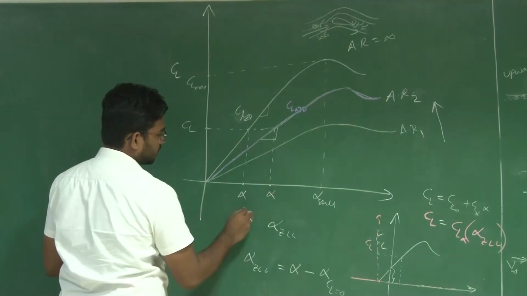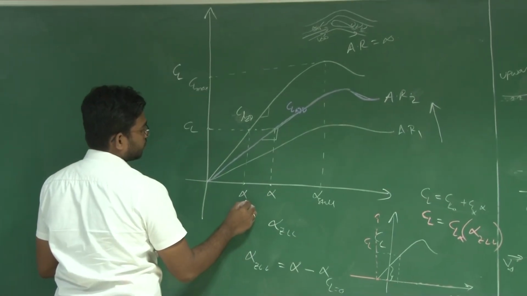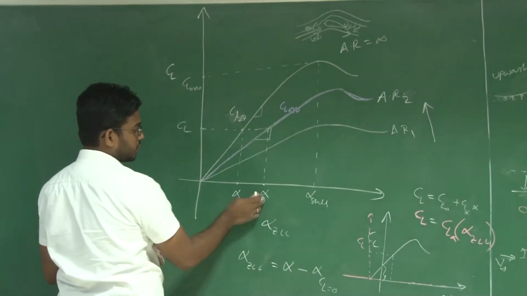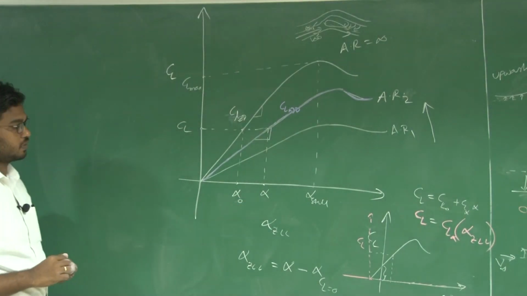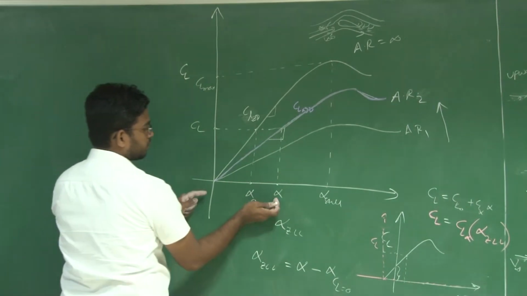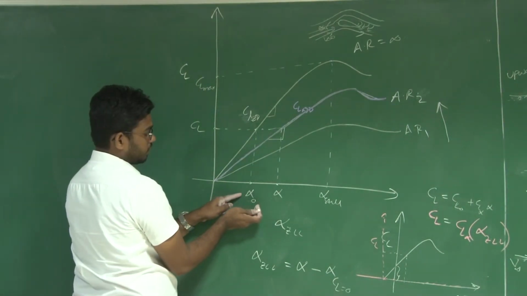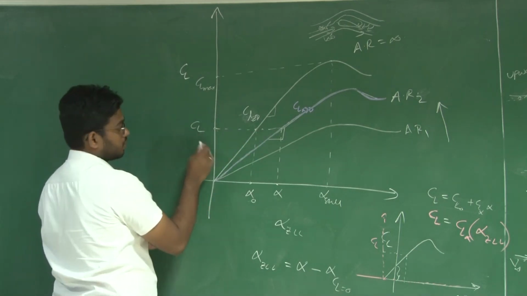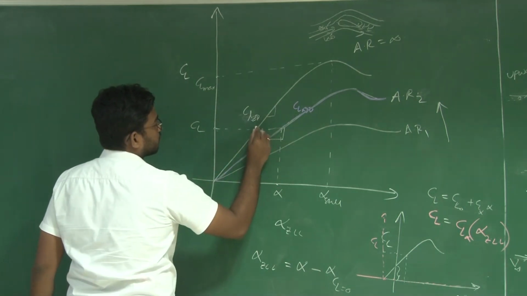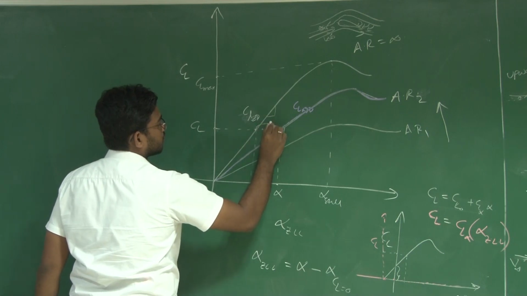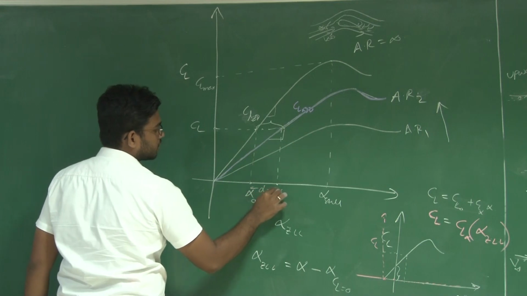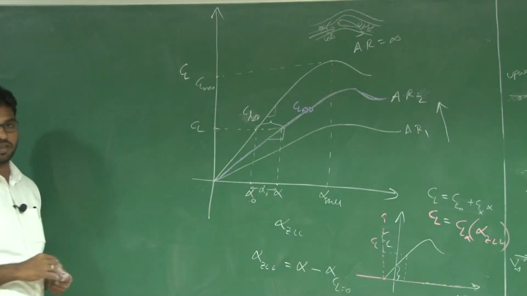So this is alpha naught for the airfoil, and this is your alpha for the wing, at which you attain the same CL. Now this is your induced angle of attack, alpha i. The change is because of this induced angle of attack.